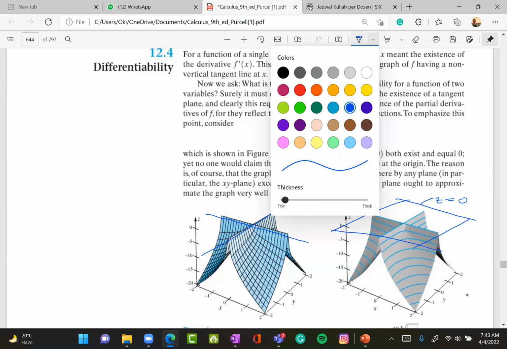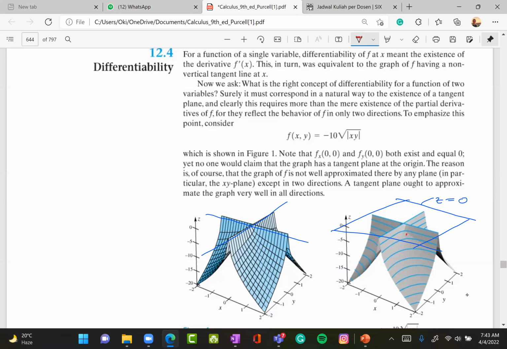Well, the error should be this one here. At this point, for example, it is 0. This is h. Compared to this one here, for example, that's the value at each vector. So that is the error, and that is even larger than h. So this is not differentiable.